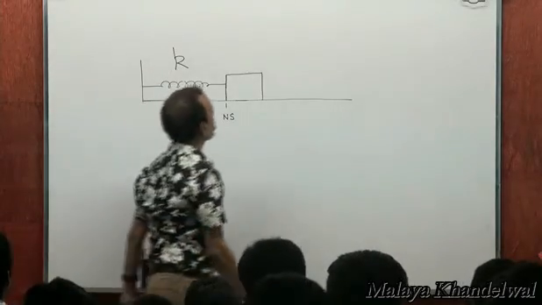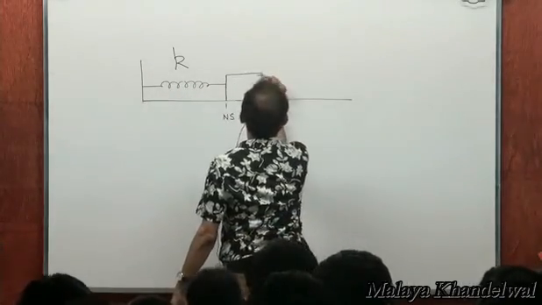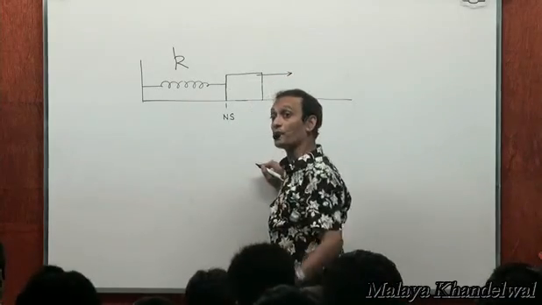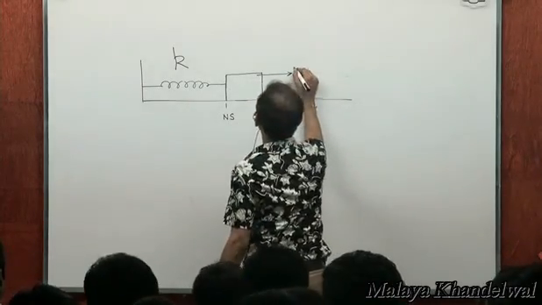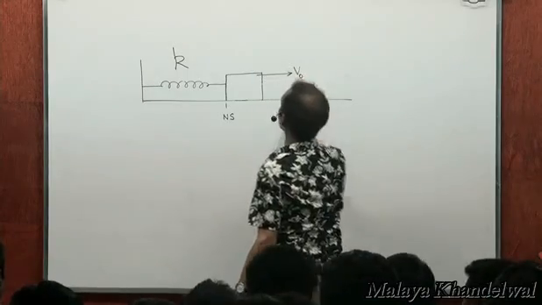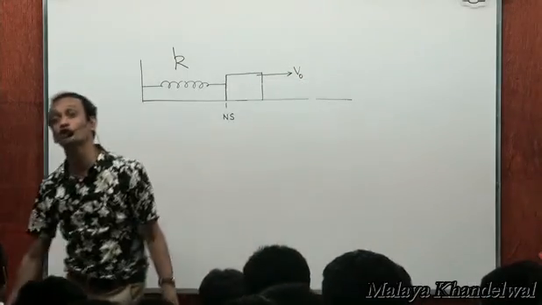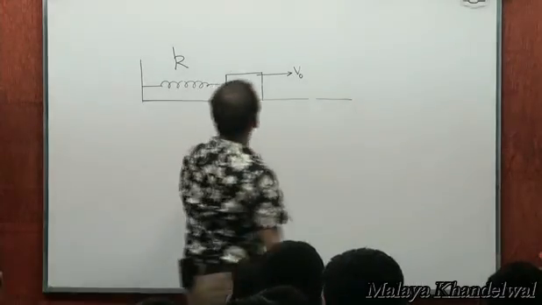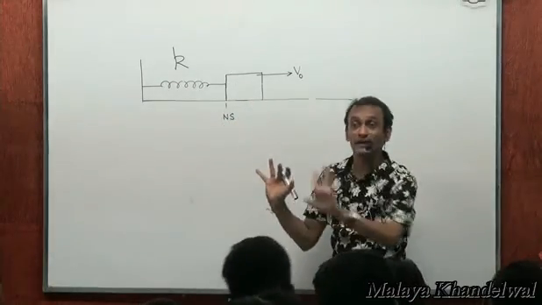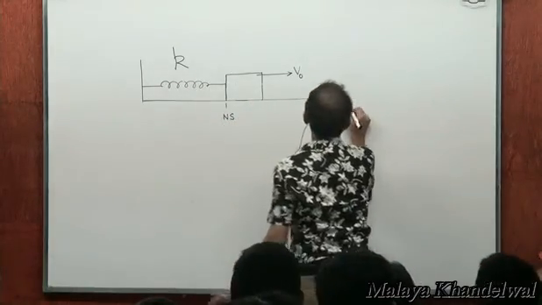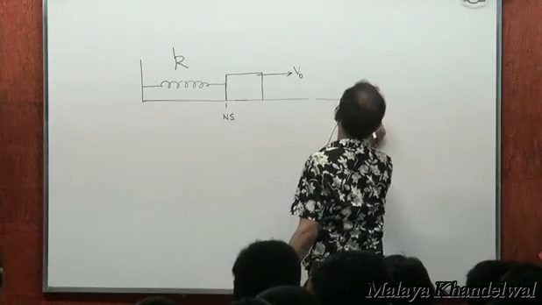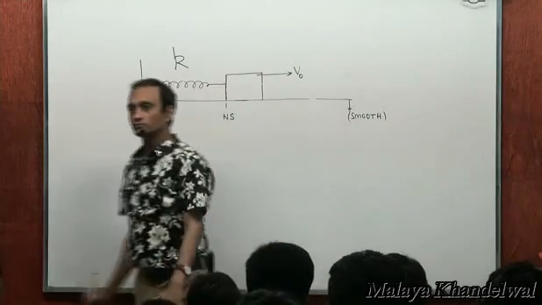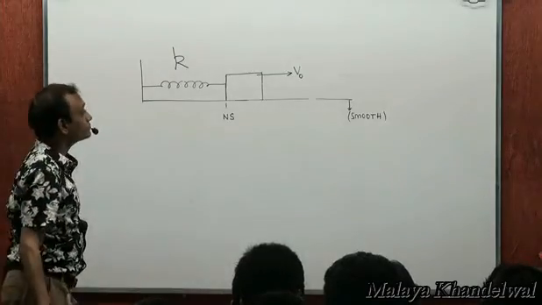And the spring was imparted a velocity v naught to the right. Clear? Now, left alone, right? And let's say this surface was smooth.